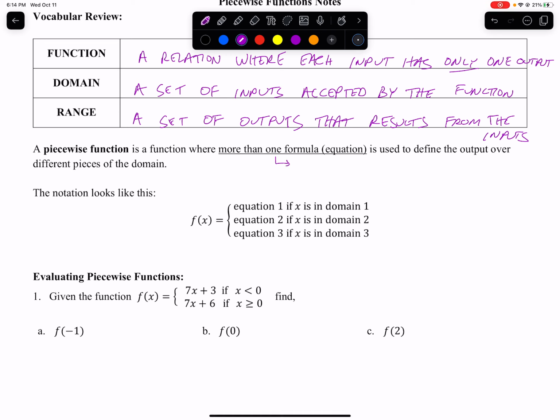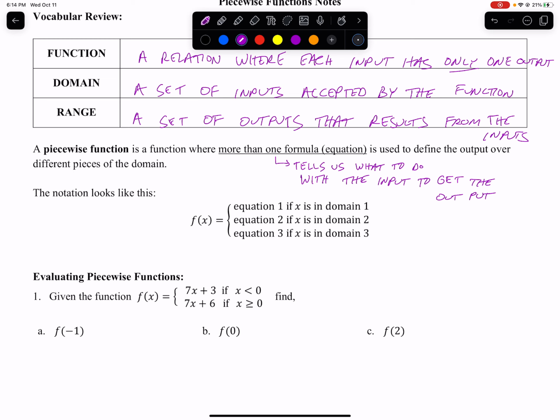So the formula tells us what to do with the input to get the output, or you can think of that as like the answer.